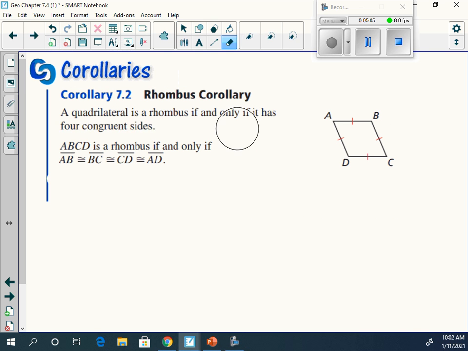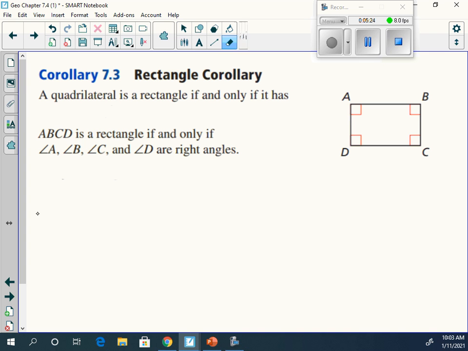So this is our first corollary. A quadrilateral is a rhombus if and only if it has four congruent sides. So if it has four congruent sides, then it is considered to be a rhombus. A quadrilateral is a rectangle if and only if it has four right angles.